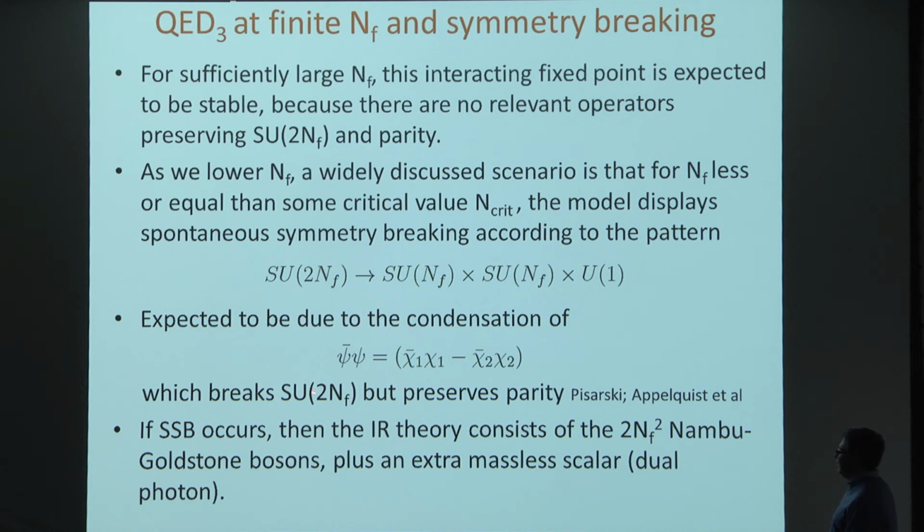But obviously, this breaks SU(2N_F) to this subgroup. And then there are the Nambu-Goldstone bosons, some 2N_F squared Nambu-Goldstone bosons. And then you can try to use the F theorem or some other new inequalities or old inequalities to try to constrain this.